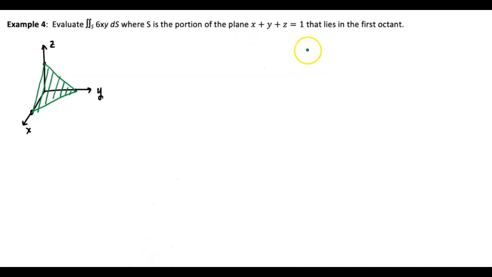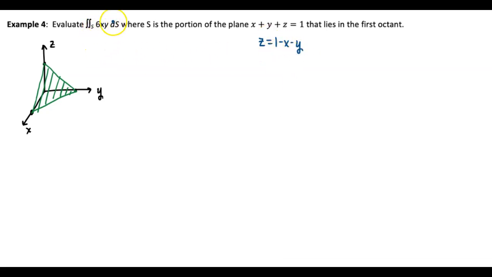Now, to use this idea from before, because I want to avoid a cross product where I can, I know that I can write this in the form of x equals something, y equals something, or z equals something. And it doesn't really matter which. Now I'm going to choose z equals 1 minus x minus y, and I'm going to tell you why.